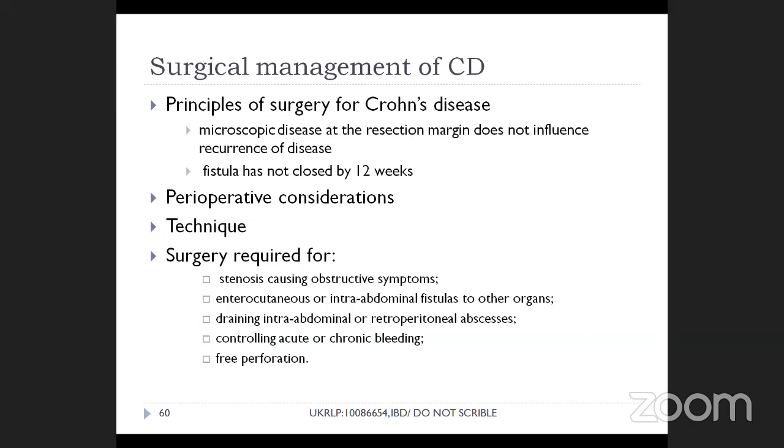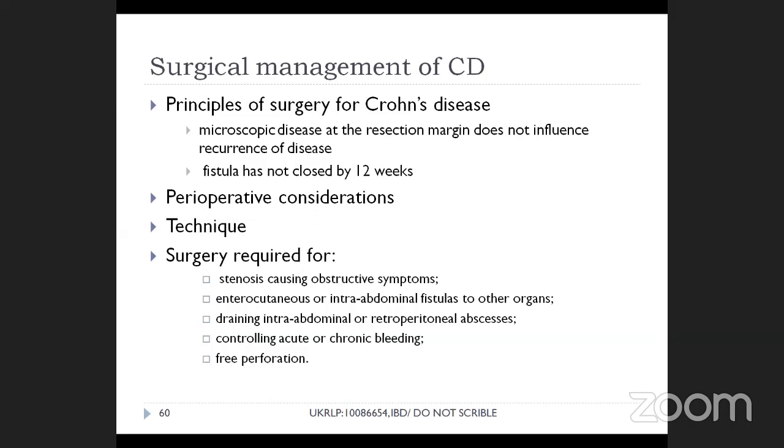So the patient needs surgical management. As for other surgeries, the perioperative considerations are the same, like preparing the patient, correction of electrolytes, and correction of malnutrition. These are very important, especially for Crohn's disease, because these patients go into malnutrition very easily. And the techniques, again, make sure that we don't go for obviously complicated procedures.